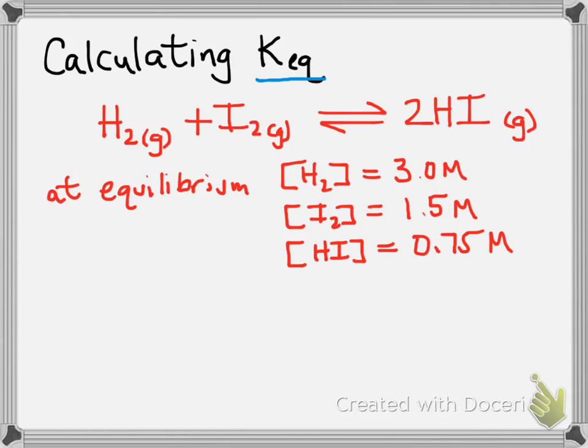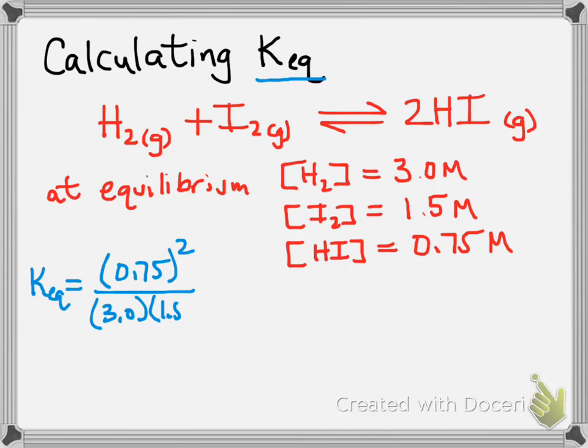Well, all we would have to do is plug the values in to our expression, which would be 0.75 squared over the product of 3 times 1.5. You simplify all that, and that tells us that the KEQ is 0.125.